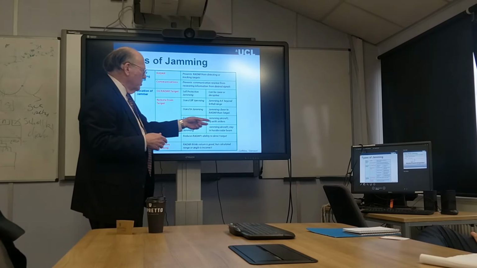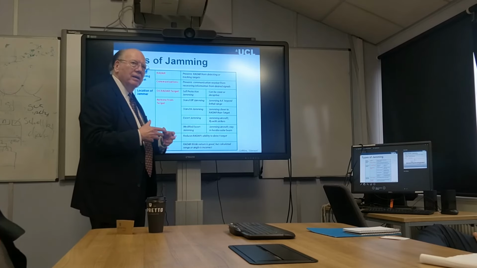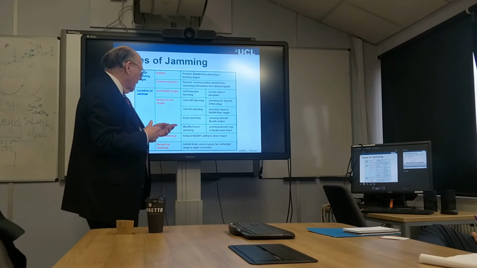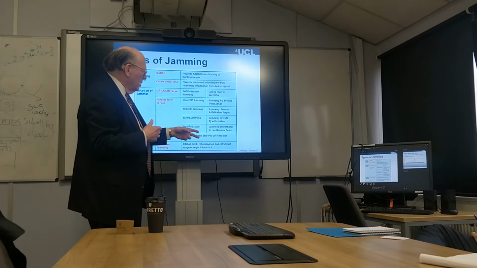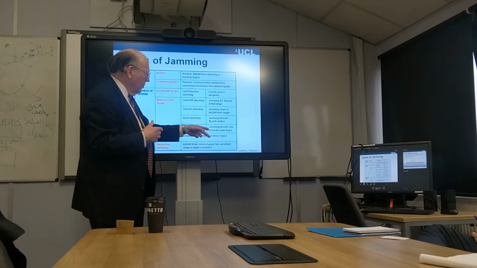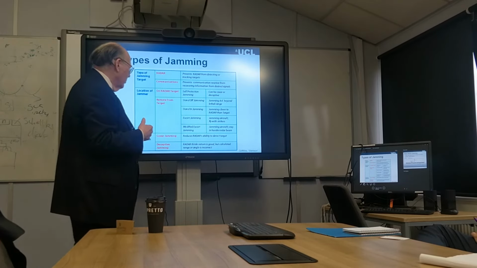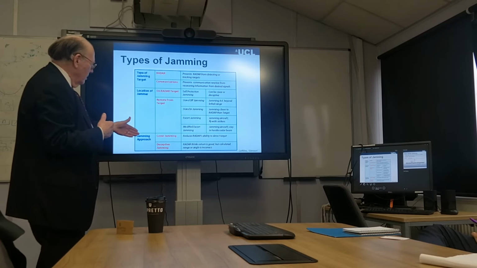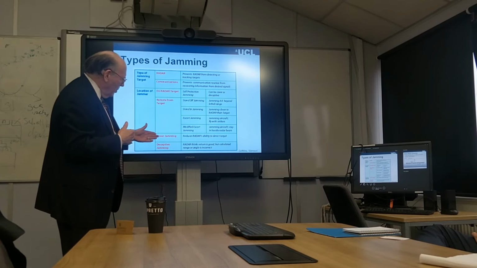Escort jamming, we have jamming aircraft that fly in formation with the strike package. Modified escort jamming, we jam aircraft and stay in the hostile radar beam. And then the two we talked about a minute ago, cover jamming and deceptive jamming.